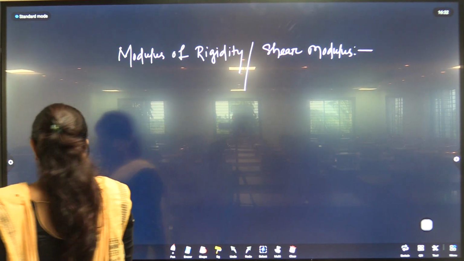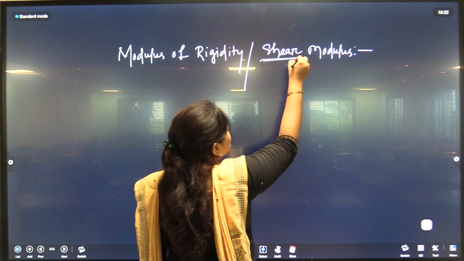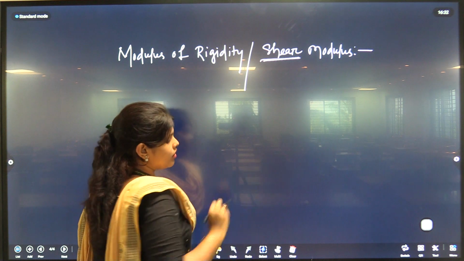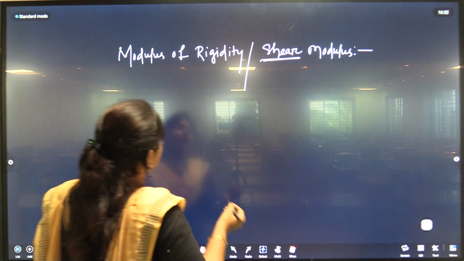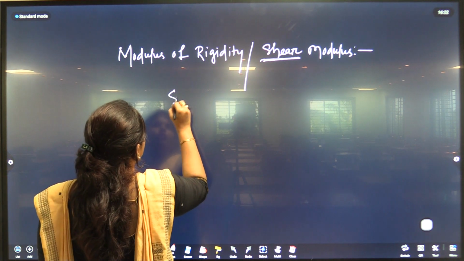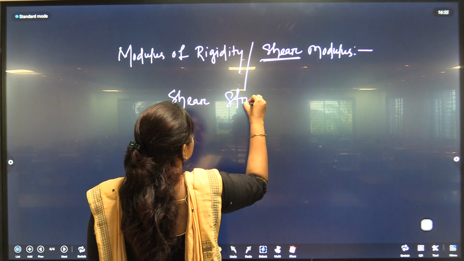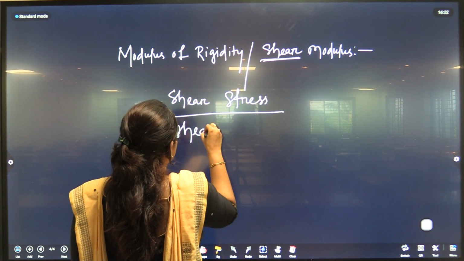We have shear here, so we can remember easily that the definition of modulus of rigidity is the ratio of shear stress divided by shear strain.